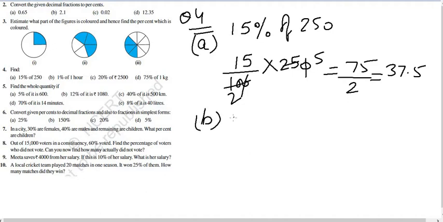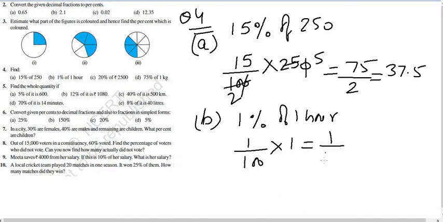Similarly, we can find B part also. In B part, we can write 1% of 1 hour. 1% of 1 hour. 1% means 1 upon 100 into 1, or you can write 1 upon 100, or you can convert it to decimal, it will come 0.01.